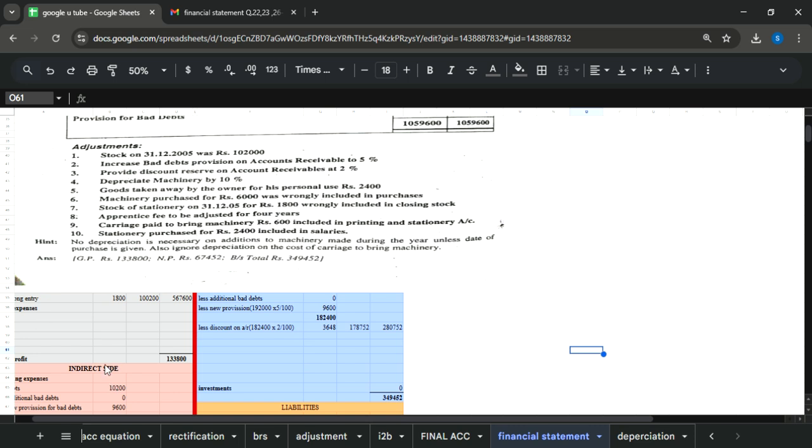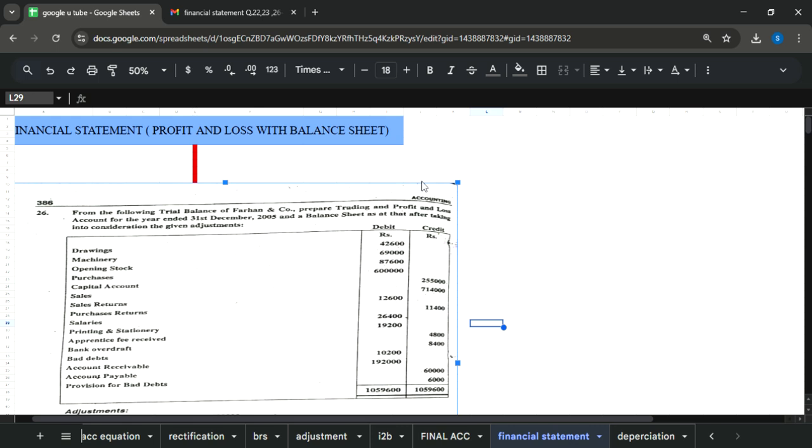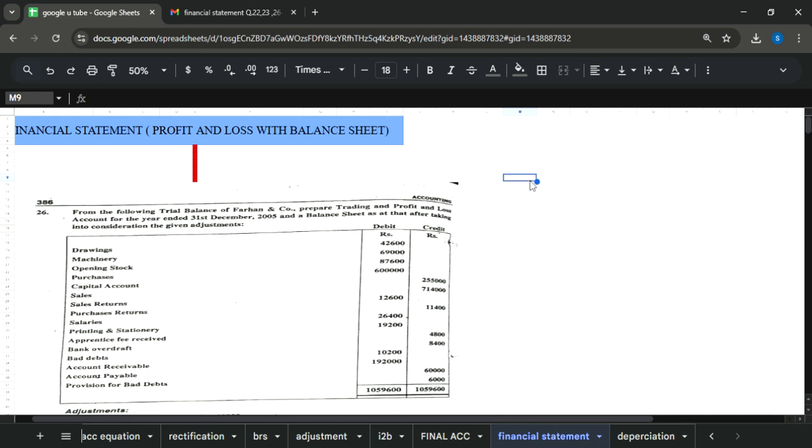So here our question has been completed, although all elements, all adjustments we have discussed, not only discussed, we have practically written these adjustments to their proper places. Question has been completed, although the solution is in front of you, but do not leave it just by listening or just by viewing.